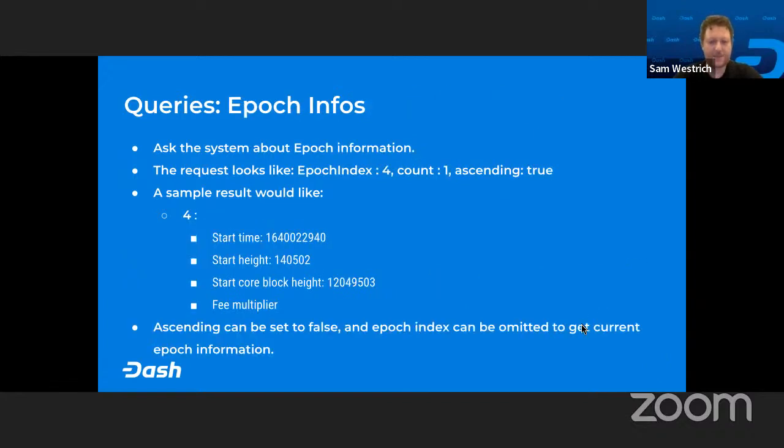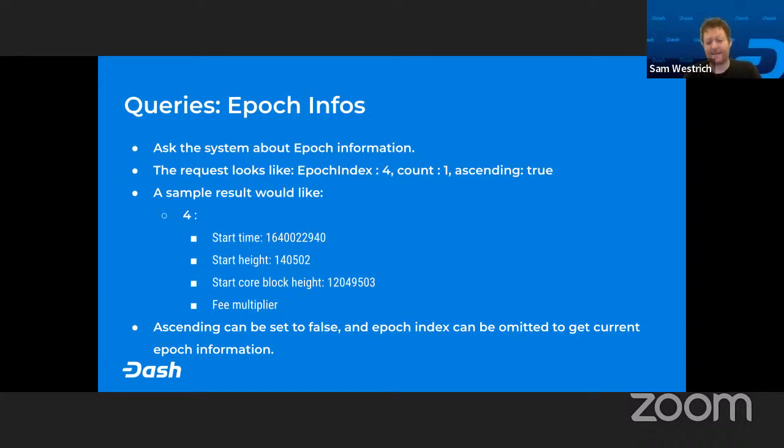Okay, next one. Now this one's really fun. It's epoch infos, and this is very good for knowing how our network is doing. You can query and say, give me historical epoch information, and it will give you back the start time of the epoch, the start height of the epoch, the start core block height, meaning the height of core when the epoch started, and the phi multiplier used during that epoch.